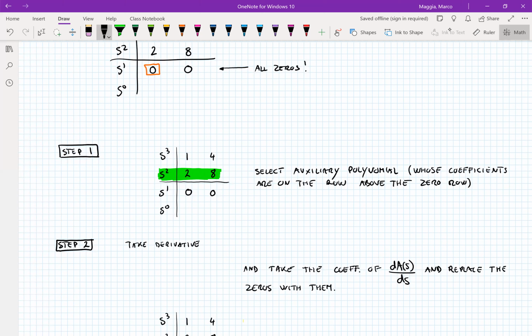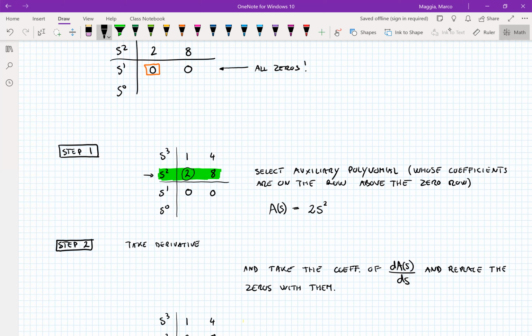And the auxiliary polynomial, we're going to call it A of S, A as in auxiliary. So how do we build it? We use the coefficients of this row. So you see that this row refers to S squared. So the first coefficient is 2. So we're going to write 2S squared.